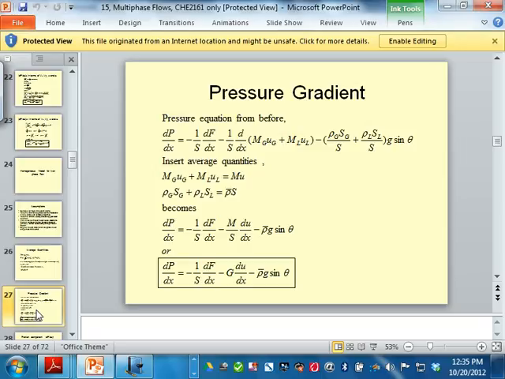So the earlier one, basically we still have these three. This is due to friction. This is due to acceleration. There you see there's a dx. G is the mass flux.